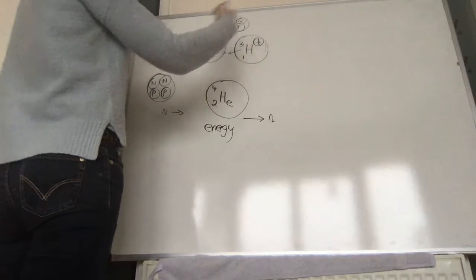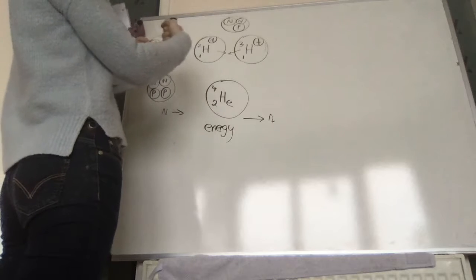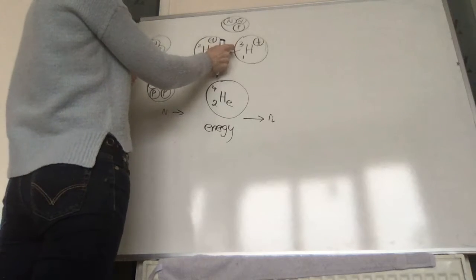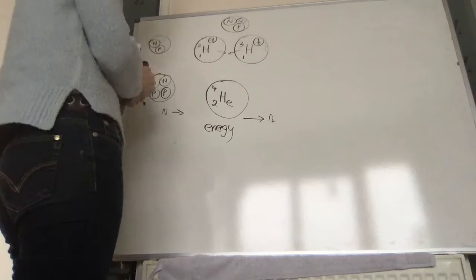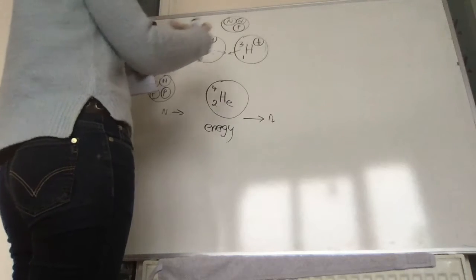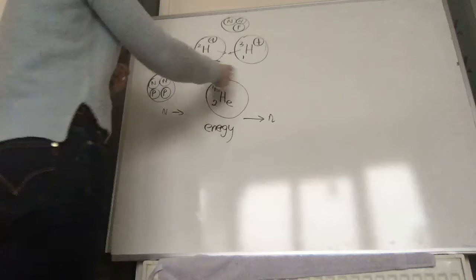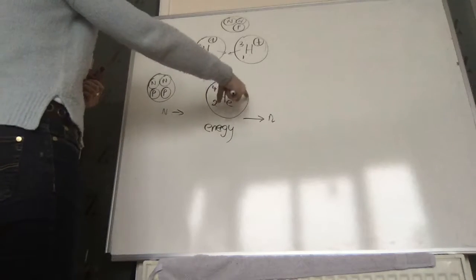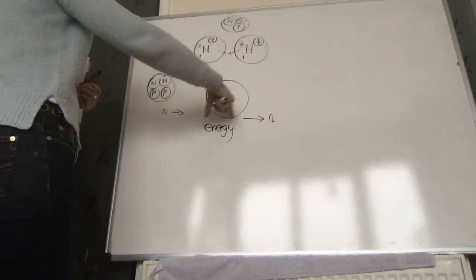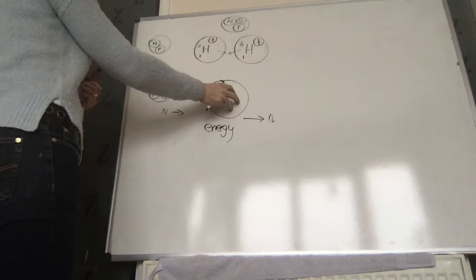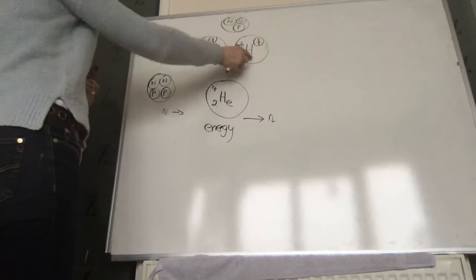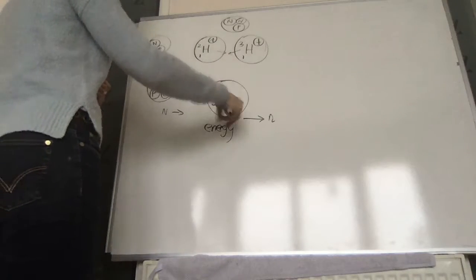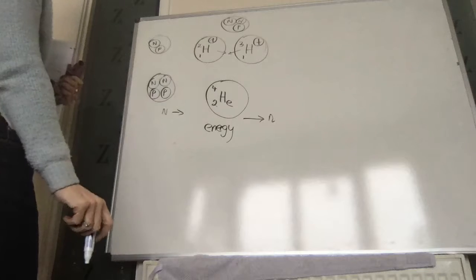But if you can overcome that and get them close enough together that the strong nuclear force will take over, the strong nuclear force is stronger over that short distance, and it pulls them together, resulting in a new nucleus that is actually slightly less mass than the two nuclei that made it up, and the extra mass is released in the form of energy.